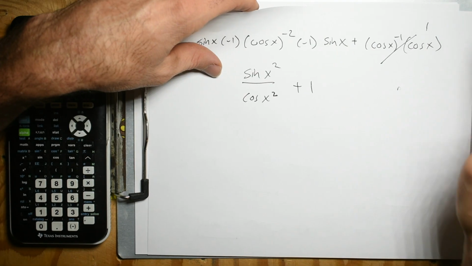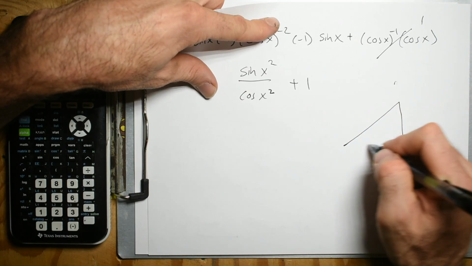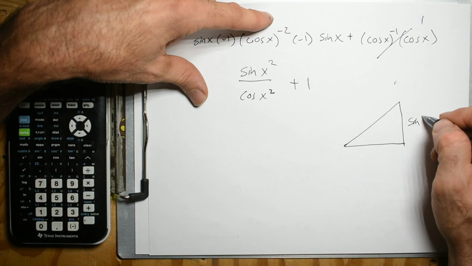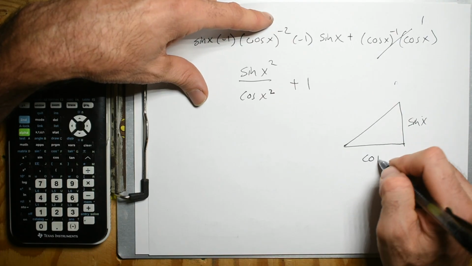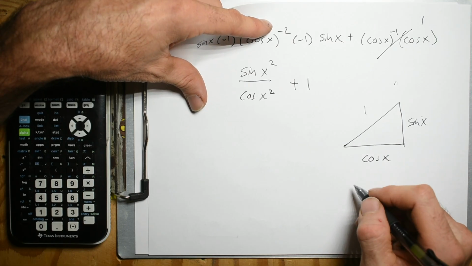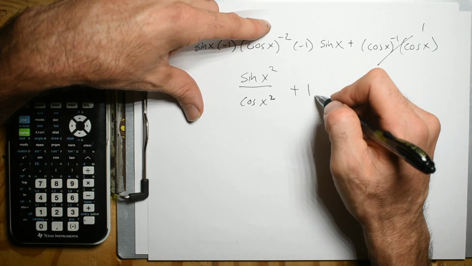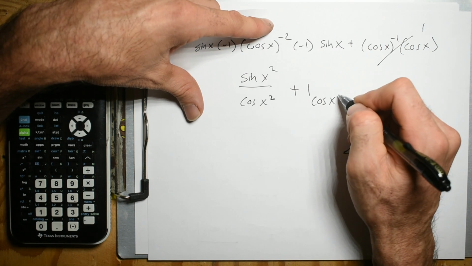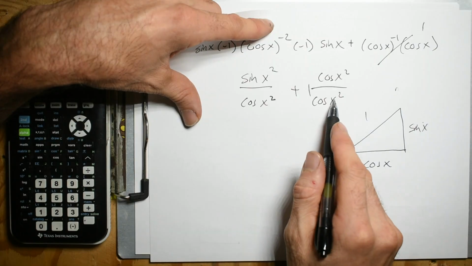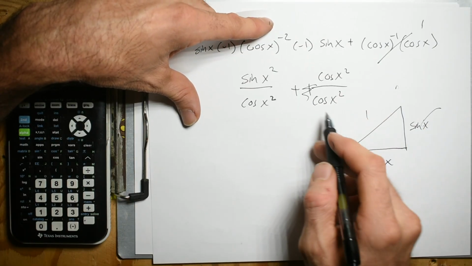It's just one of those properties where, okay, if you do have this, sine x, cosine x, and 1, let's see if the Pythagorean theorem works. Because what we can do with this 1 is say it's cosine x squared divided by cosine x squared. So that's what we can do. We don't even have to break this out.